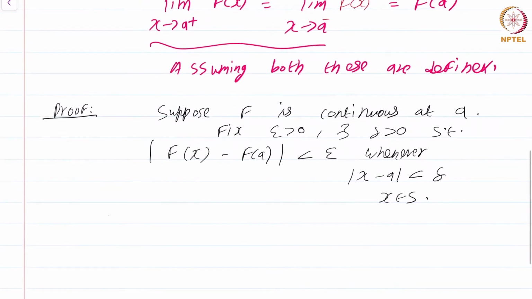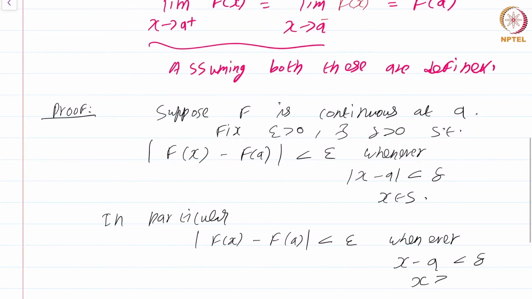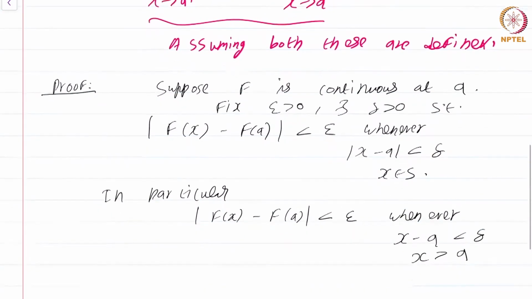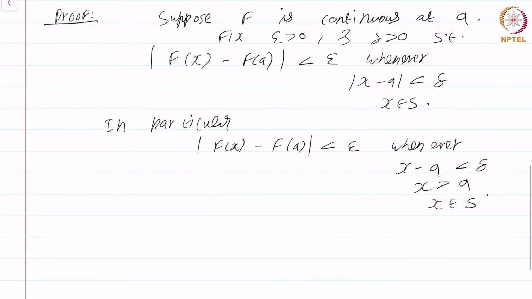In particular, mod f of x minus f of a is less than epsilon whenever mod x minus a is less than delta and x is greater than a and x coming from S, right? I'm just taking a special case.